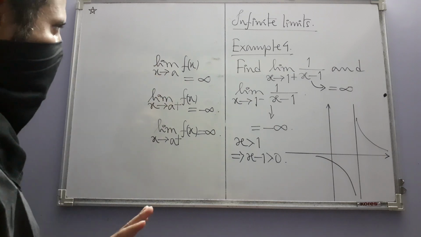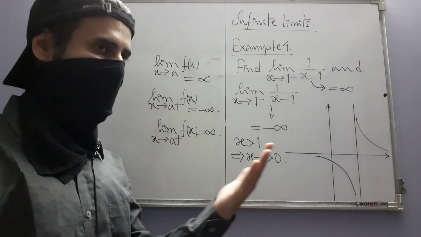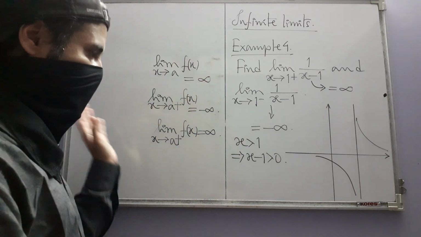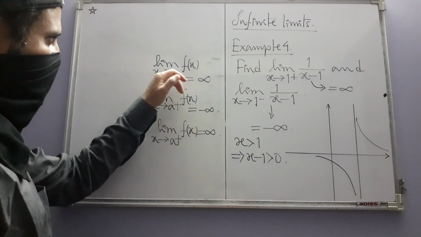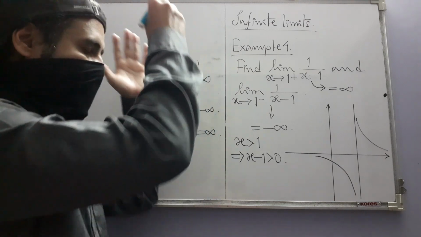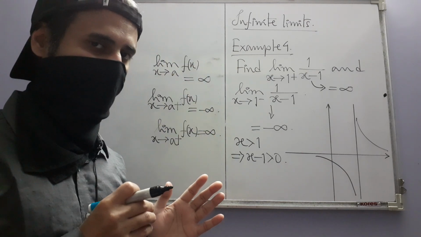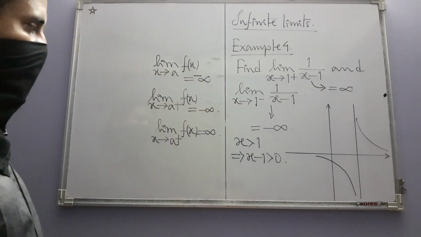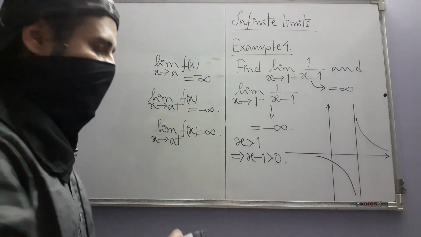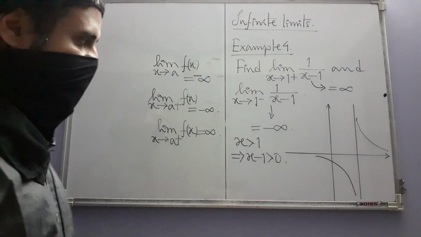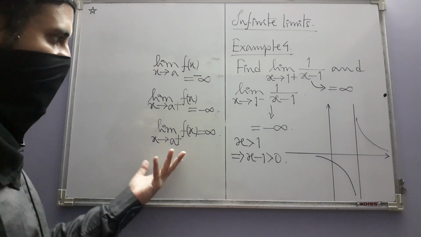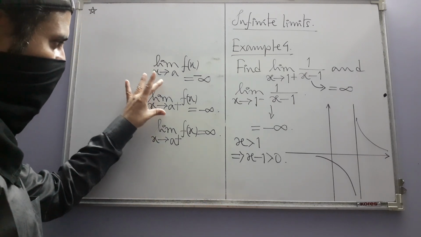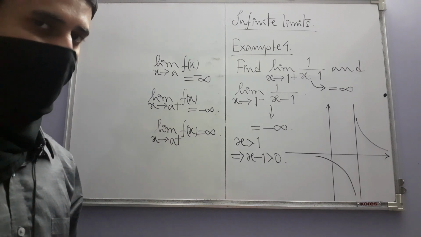As x approaches a, either from the left side of a or from the right side of a, the functional values, it does not matter, the side does not matter, all of them increase without bound. Similarly, if you have a minus sign here, they all go down without any bound. These notions are very natural, so you can understand what the meaning of any one of them is.